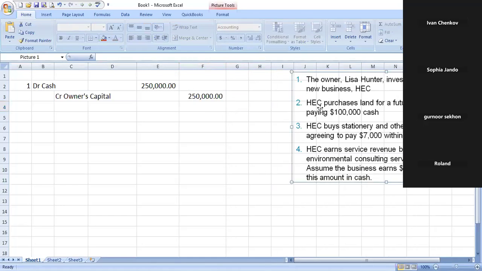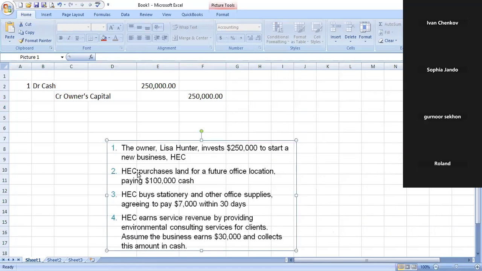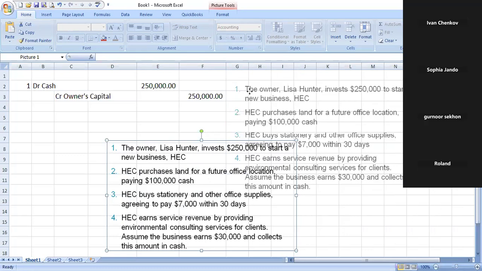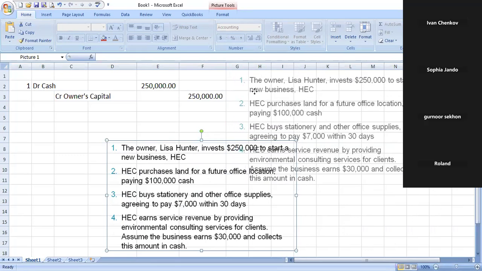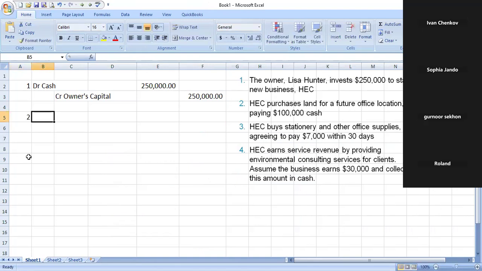Next one. The company purchased land for a future office location and paid $100,000 cash. What did the company get? Land. Let's do it. Debit land.